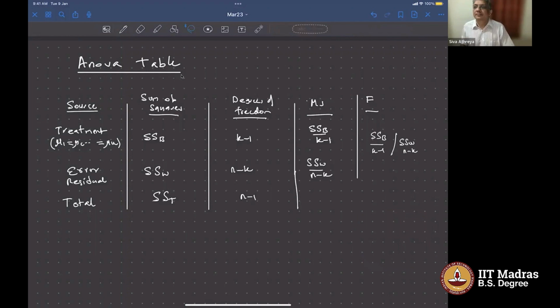Very good. That's how it sums up the general case. So if the F statistic is large, you reject the hypothesis. And by large, you mean that the between one beats the within one. That means that you have a definite difference in treatment. Very good.